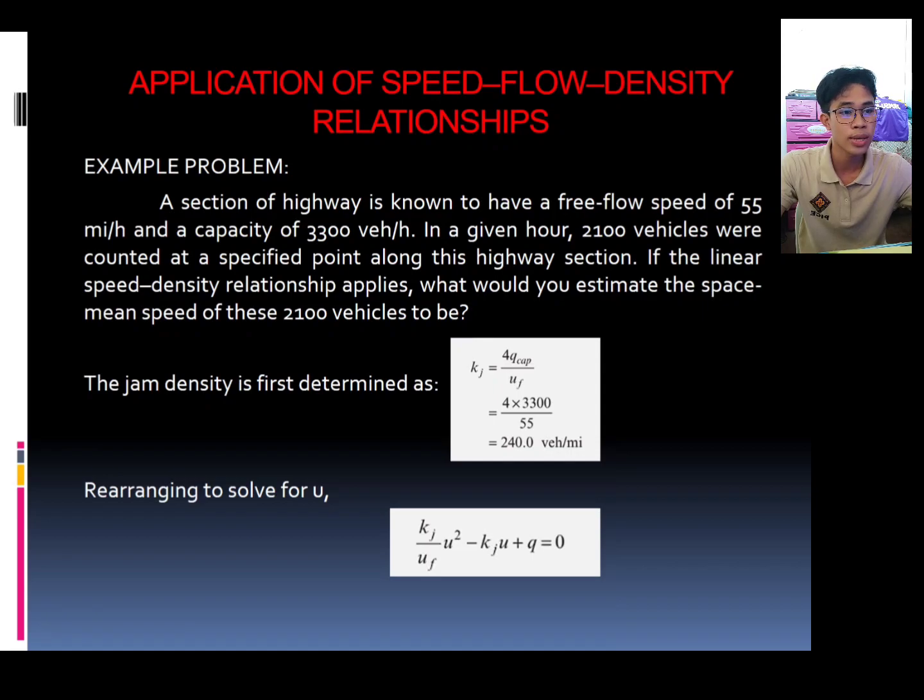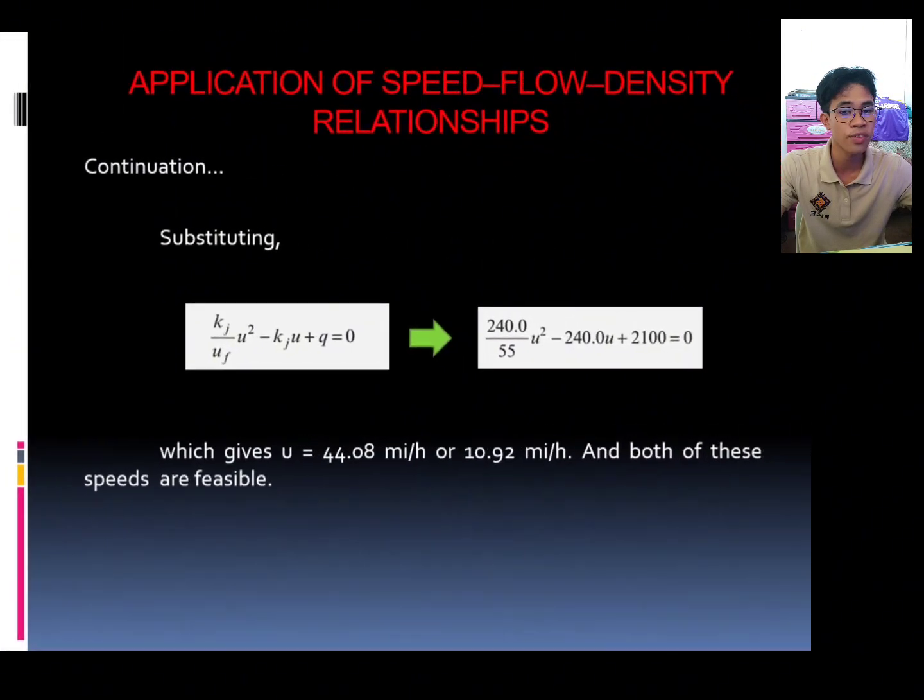Substituting the values, we get 240 over 55 times U squared minus 240 U plus 2,100 equals 0, which gives you the value of 44.08 miles per hour or 10.92 miles per hour. Both of these speeds are feasible.